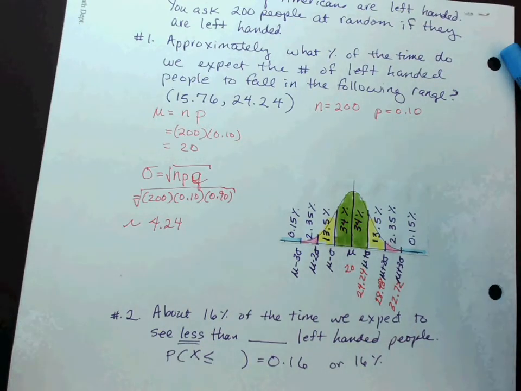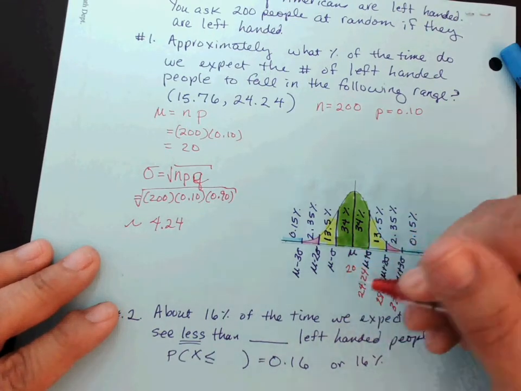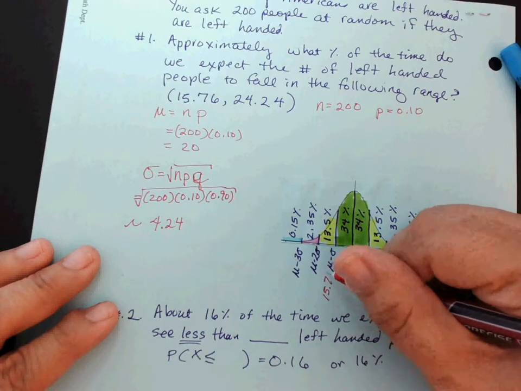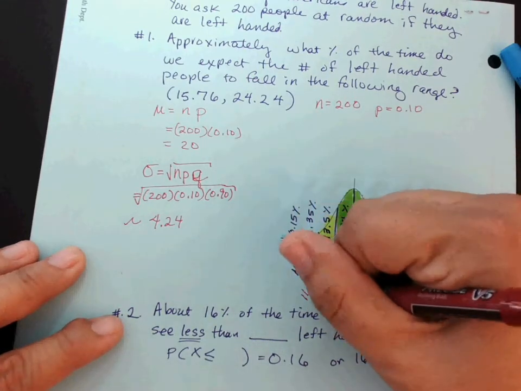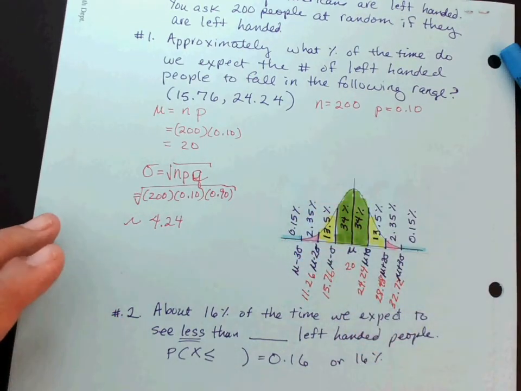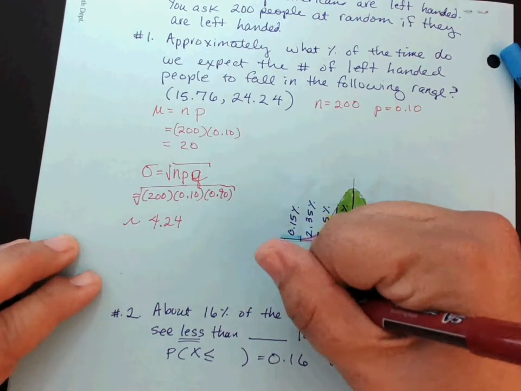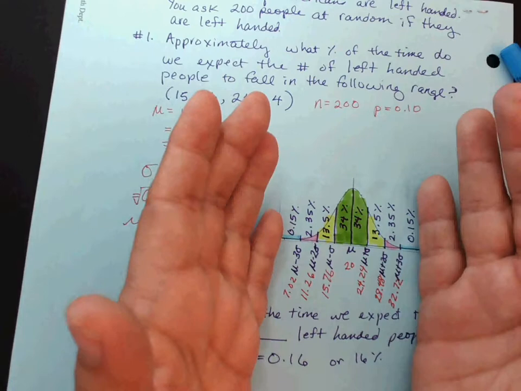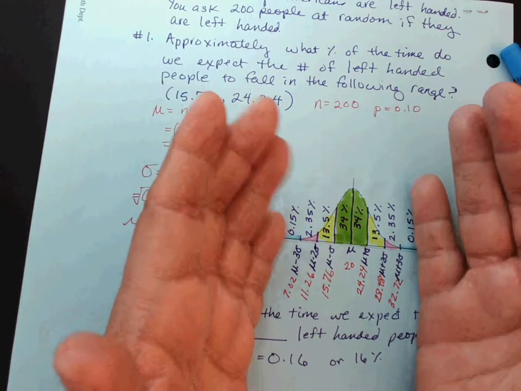I can also go down, subtract 4.24, and here I will get 15.76. And if I do that again, so we're having 20, I can just take 15.76 minus 4.24, and I get 11.52. Subtract 4.24 again. So almost every time, I'm expecting somewhere between 7 and 32, 33 people when I randomly survey 200 people.